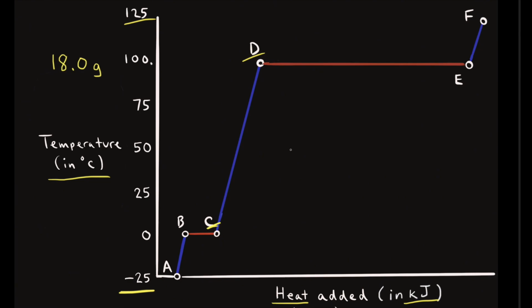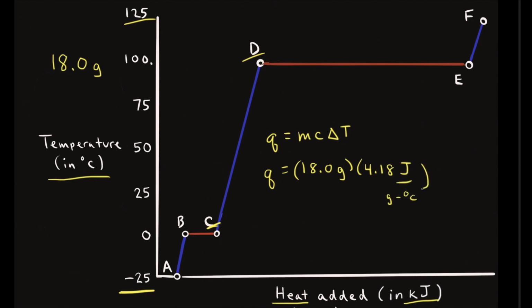To calculate the heat added, we use the Q is equal to mc delta T equation again. So we're solving for Q. The mass is still 18.0 grams, but the specific heat now, since we have liquid water, we need to use the specific heat of liquid water, which is 4.18 joules per gram degree Celsius. And for the change in temperature, the final temperature is 100.